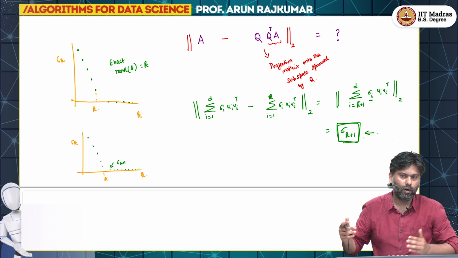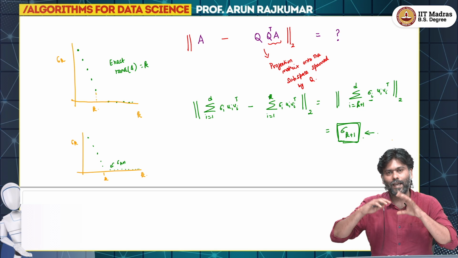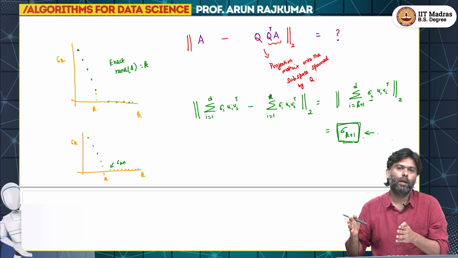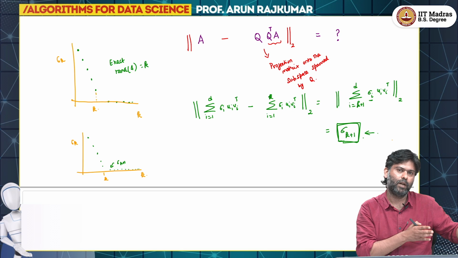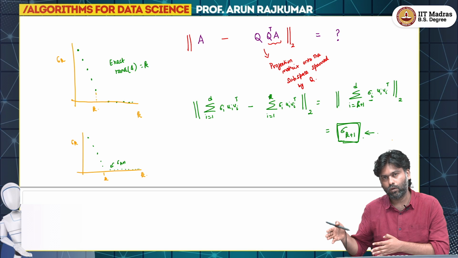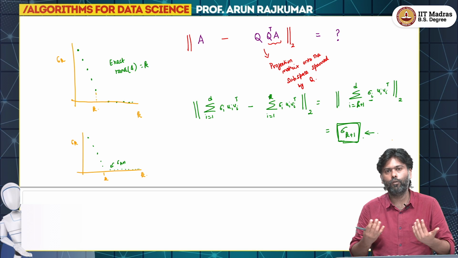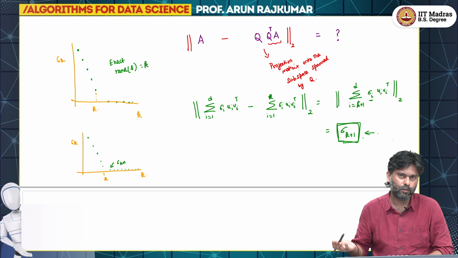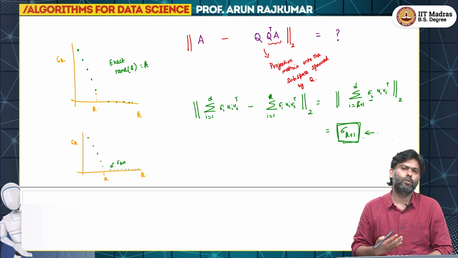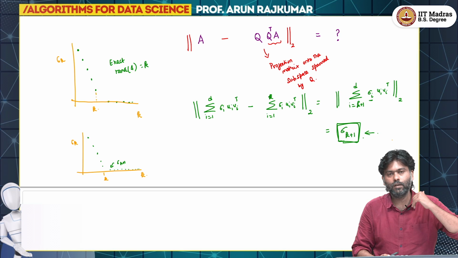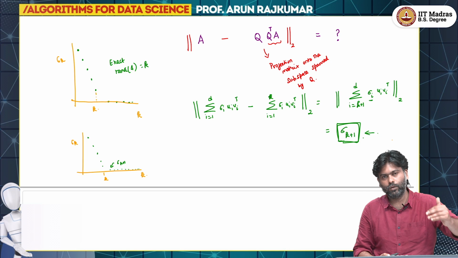And I save a lot of time by doing this, because the SVD, the most time consuming operation, does not happen in the m cross d matrix space, but only in the k cross d matrix space. That's a great thing to do, but of course we cannot do this. Why? Because this assumes that we know u1 to uk. But this at least gives us a direction to think about.